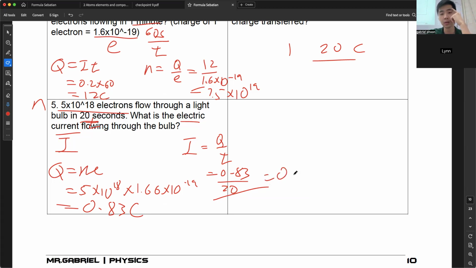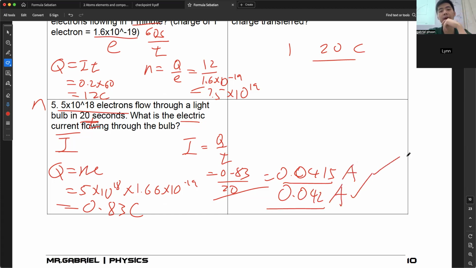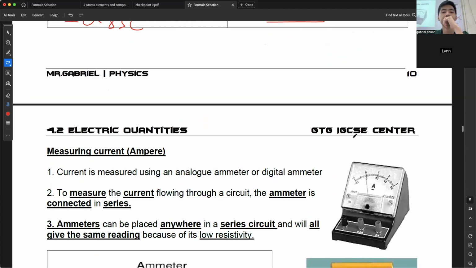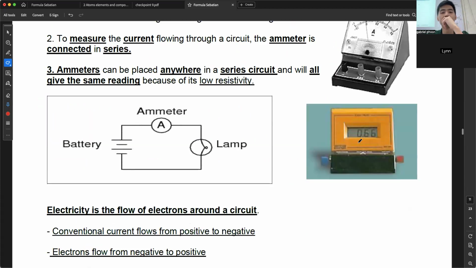Then you get? 4.2, right? 2 to 3 significant figures is correct. Okay. Okay, next. Move on.